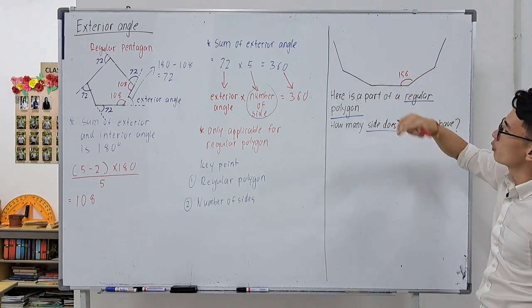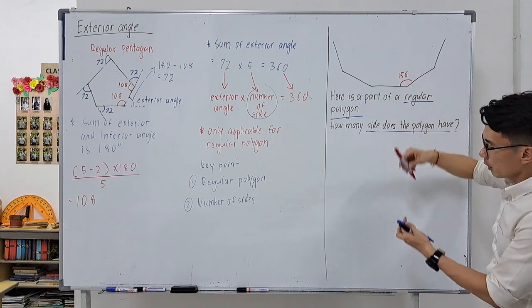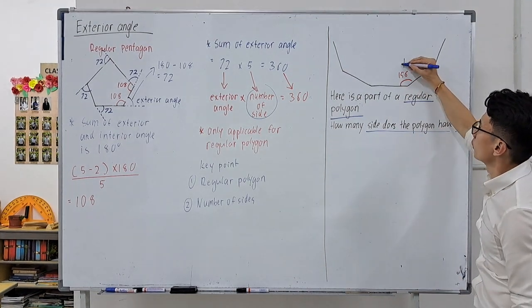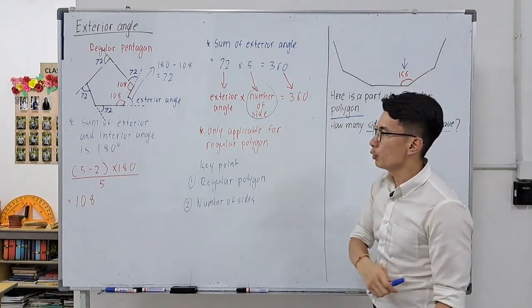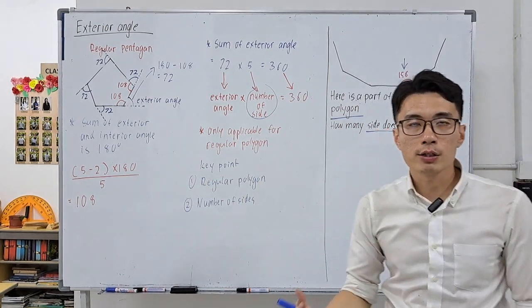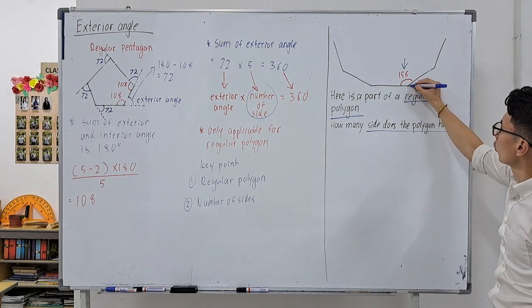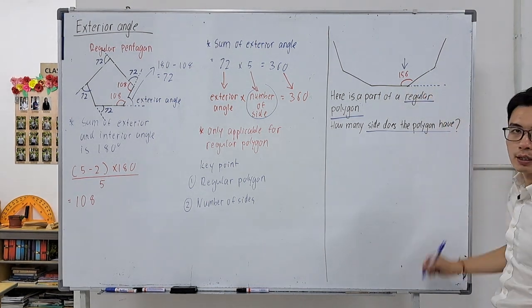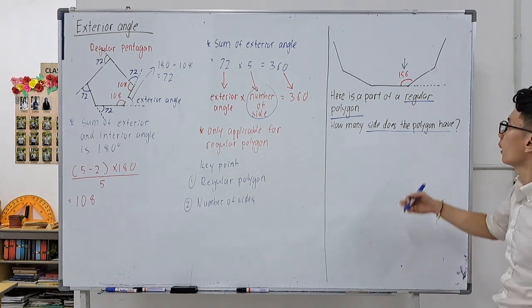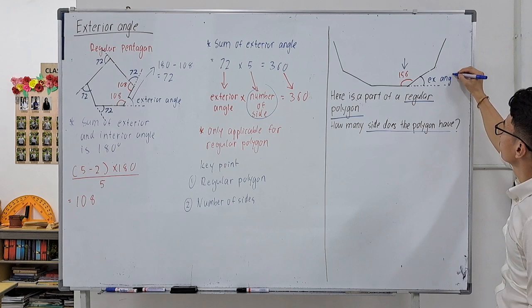This question, if you notice, is not given any exterior angle, but they give you an interior angle. But we already know this property. The sum of interior angle and exterior angle is 180. So where's my exterior angle over here? You just have to extend the side longer in a straight line. And this part over here is the exterior angle.